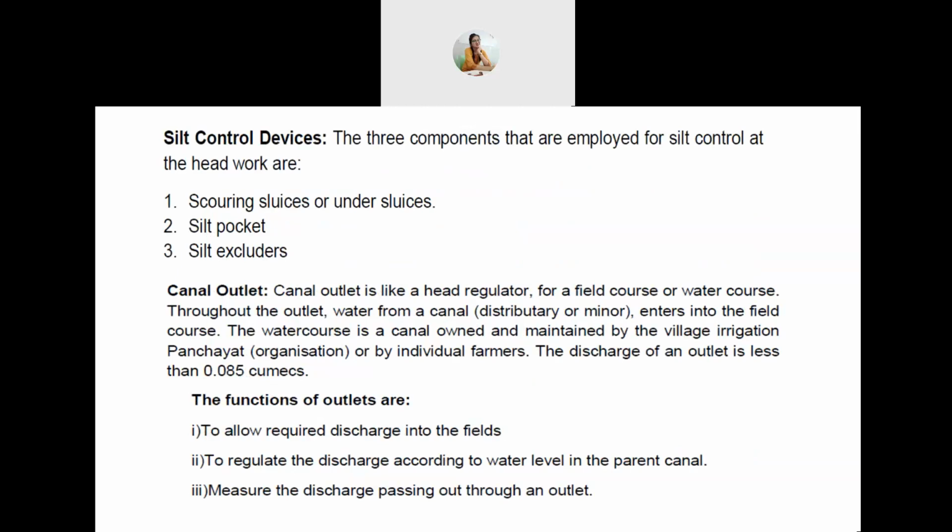The water course is a canal owned and maintained by the village irrigation panchayat, which is an organization, or by individual farmers. The discharge of an outlet is less than 0.085 cumecs. The functions of outlets are to allow the required discharge into the fields, to regulate the discharge according to the water level in the parent canal, and to measure the discharge passing out through an outlet.